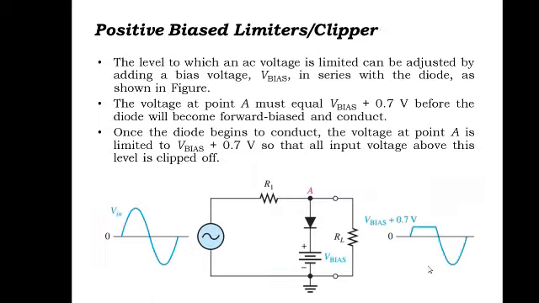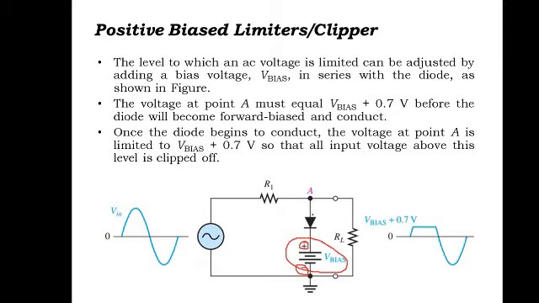Now we will see the biased clipper circuit. The basic difference between the clipper circuit and the biased clipper circuit is a DC bias source, which is connected in series to the diode, and the polarity of the battery is also very important.